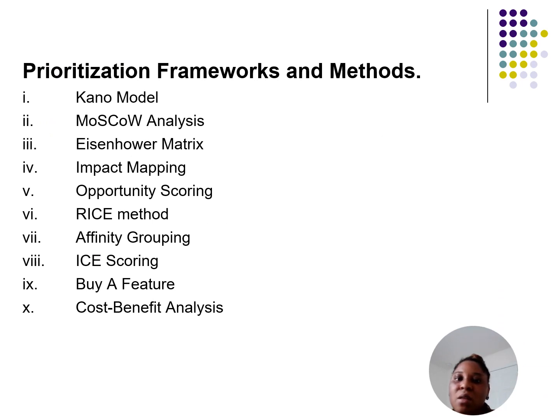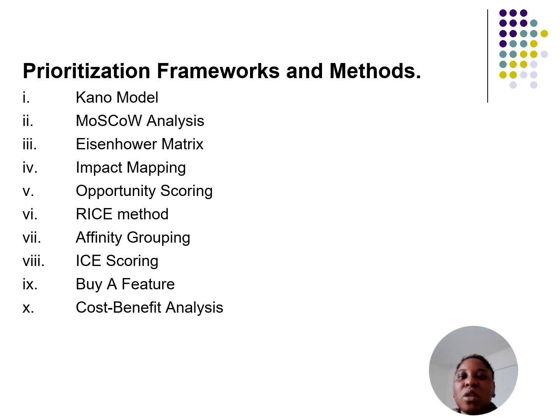There are many prioritization frameworks, but here are 10 frameworks and methods: the Kano model, MoSCoW analysis, the Eisenhower matrix, impact mapping, opportunity scoring, the RICE method, affinity grouping, ICE scoring, buy a feature, and cost-benefit analysis.